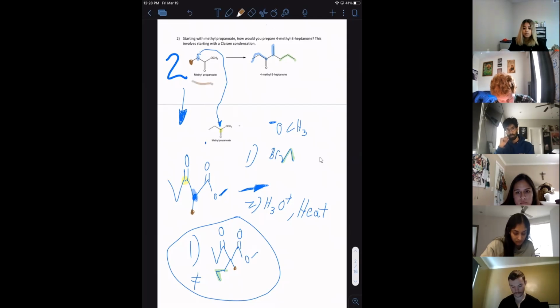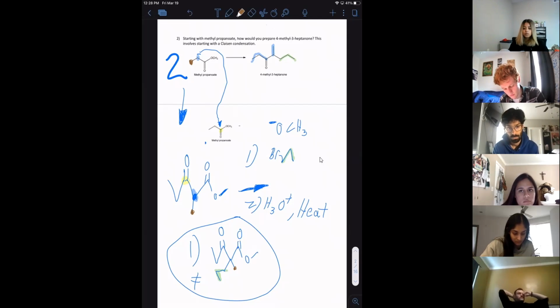Because what I did was, I took one of the alpha carbons and made it negative, and then that attacked the same molecule, yeah, and then did the movement of the electrons to get rid of the OCH3.